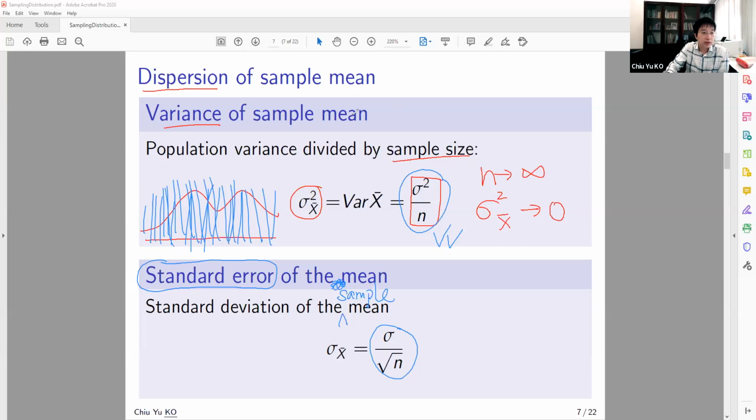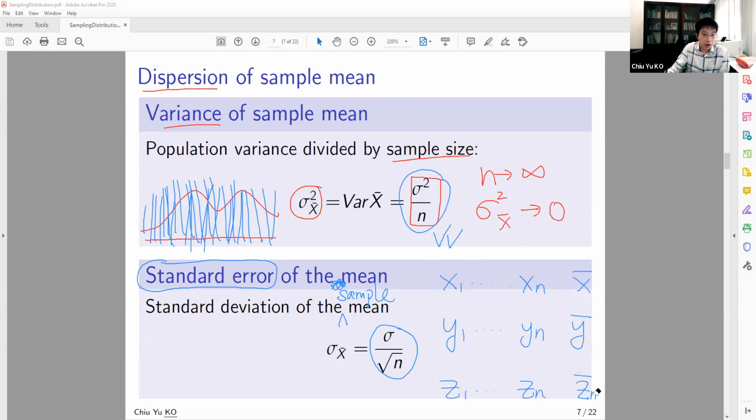Okay, what it means is, suppose you do one sample, right? You got one sample mean, okay? And you do another sample, you got another sample mean, okay? And then you do another sample, you got another sample mean, okay?